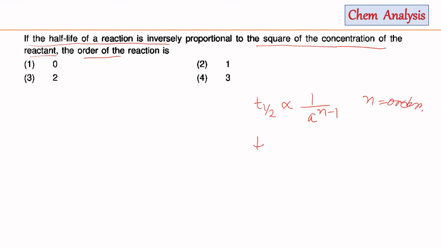Now here it is given that t half is inversely proportional to the square of the concentration of the reactant. Therefore, n minus 1 is equal to 2, and we can solve it. That is n equal to 3. That is, the order of the reaction is 3. It is a third order reaction.